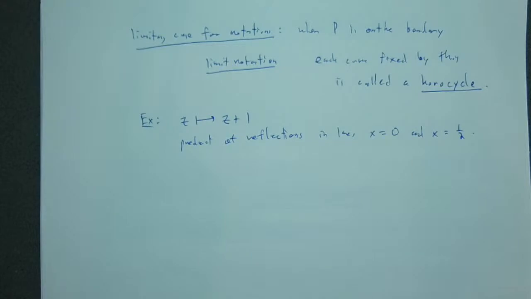You might think that this is actually a translation, but it's not. It's a rotation, and the reason is that the lines have a common end, which is infinity. They go off to infinity. They don't have a common endpoint on the x-axis, but they have a common end at infinity.